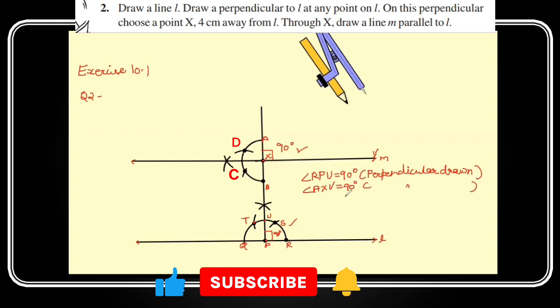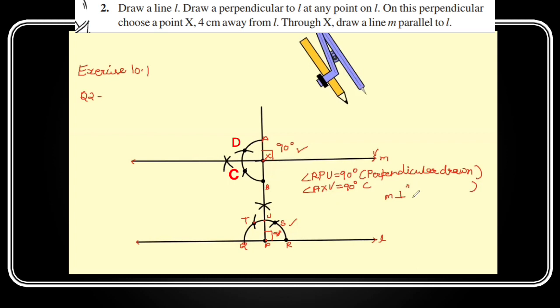Angle RPU is equal to 90 degrees. Angle AXV is equal to 90 degrees. Both angles are equal. M is perpendicular to PX. PX is perpendicular to L.